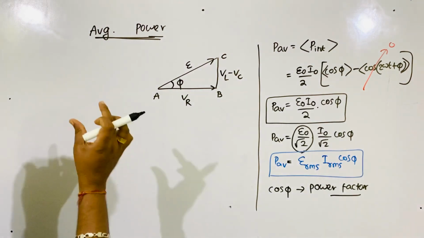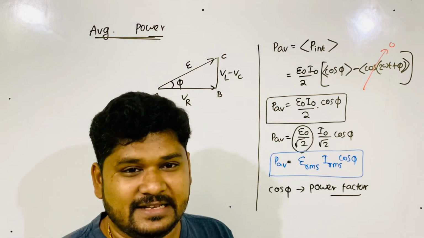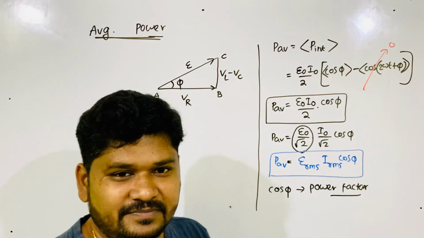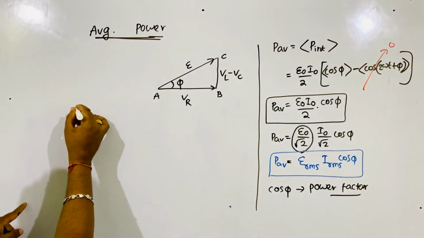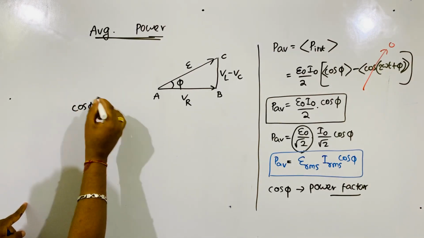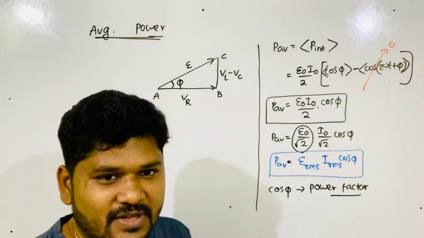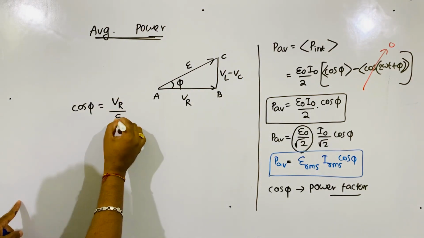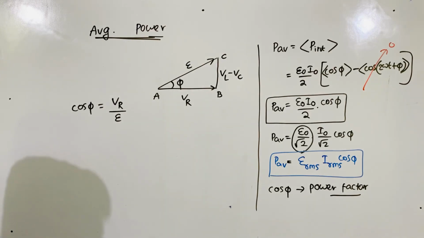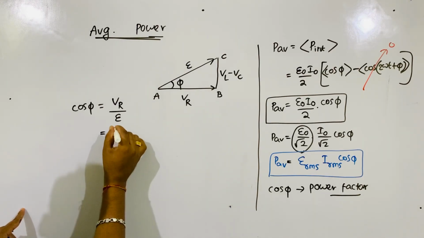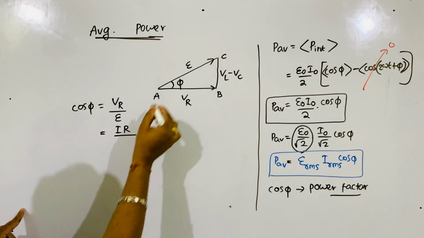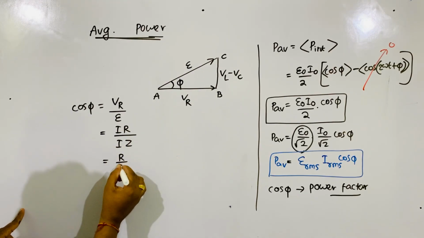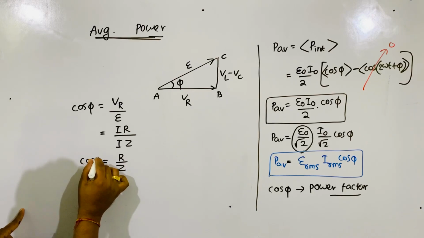So from this impedance triangle, we will find the power factor expression. How will we find it? Now you have the answer. Cos phi is how much here? Cos phi is VR divided by E. So what is VR? IR. What is E? IZ. I cancels. This is R by Z. So this is cos phi.